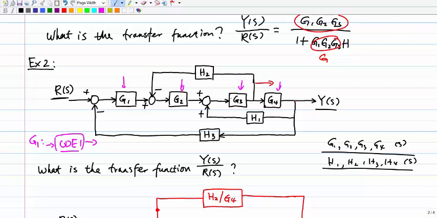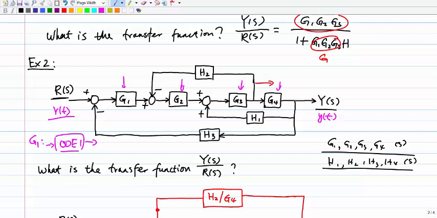Of course, G2, G3, G4 can be very complex, and H1, H2, H3 can also be ODEs. So their relation is really complex. It's almost impossible in practice to figure out the relation between R(t) and Y(t) in the time domain directly, because it's really hard to say.